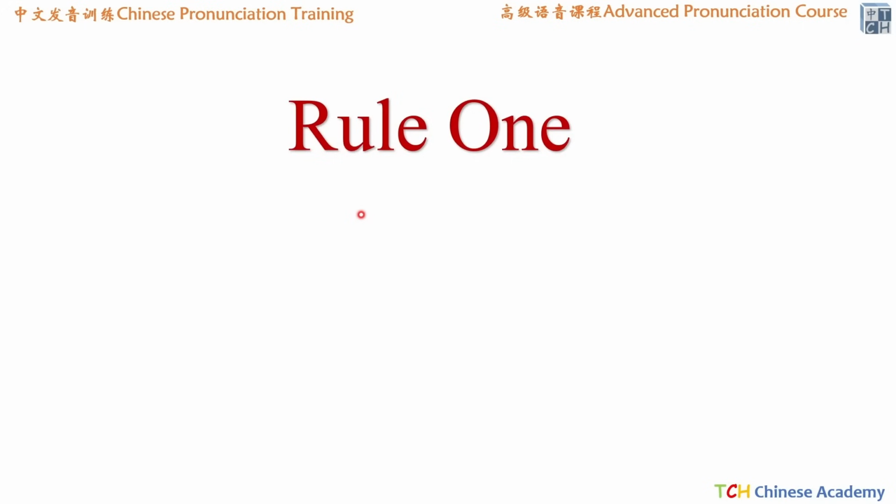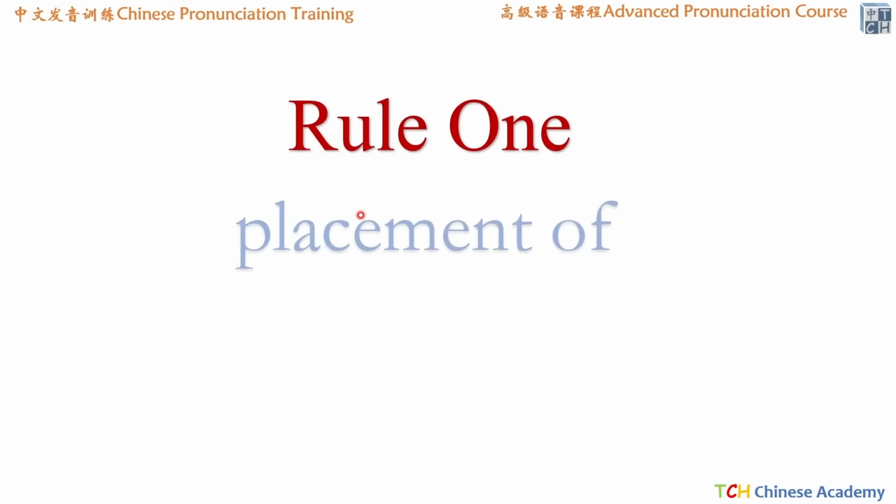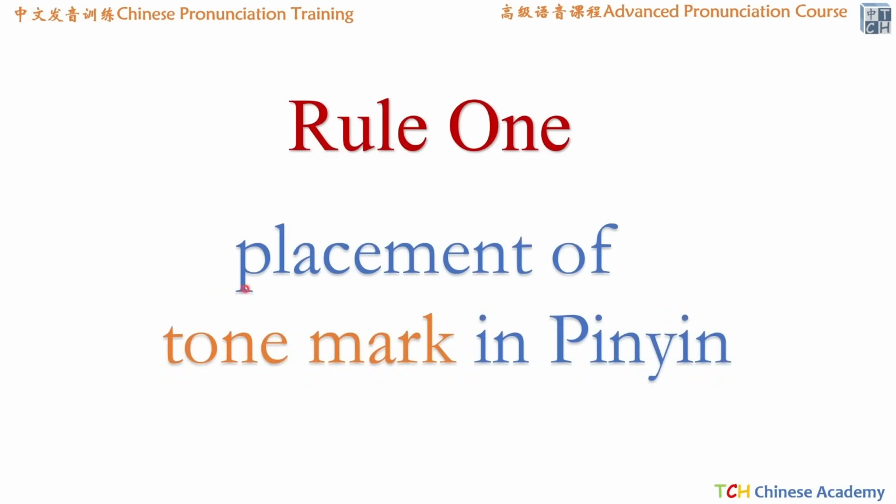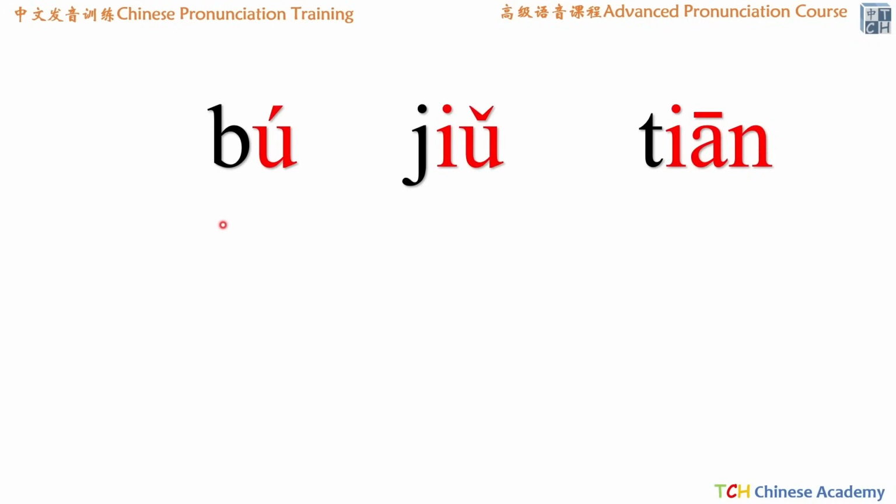Rule number 1 is about the placement of the tone mark in Pinyin. As we all know, Chinese is a tonal language. Then where do we place the tone mark? Look at the following Pinyin. Here the tone mark is placed on this wu sound, and this one, and this one.